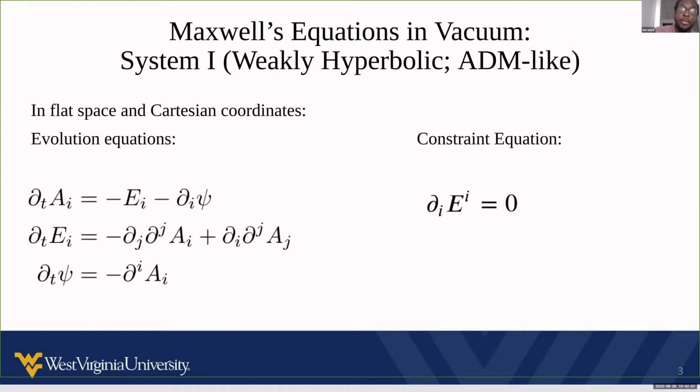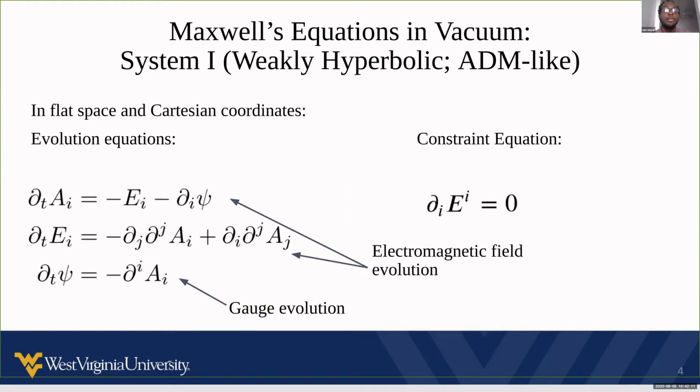So we start off with the evolution equations, and we're solving Maxwell's equations in vacuum and in flat space and Cartesian coordinates. Again, this is just a demonstration, so just keeping everything simple. So on the left-hand side, we have the evolution equations of the fields, and you'll notice that we're evolving the vector potential instead of the magnetic field, and that's just to guarantee that the divergence of the magnetic field always stays down to roundoff error.